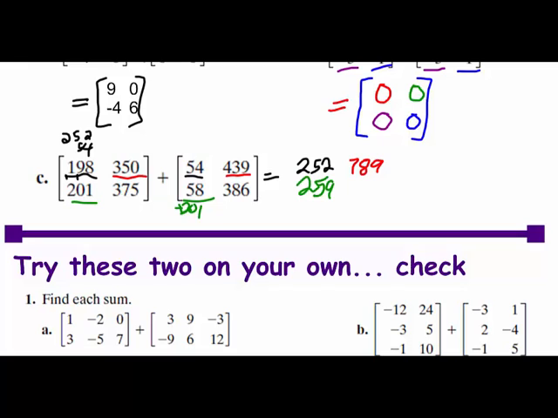And last but not least, 375 plus 386. That's a 1 here, carry the 1. 15, 16, 6 here, carry that 1. 3 and 3 is 6, plus 1 is 7. Look at that. Matrix around the outside, brackets, brackets, brackets every single time.